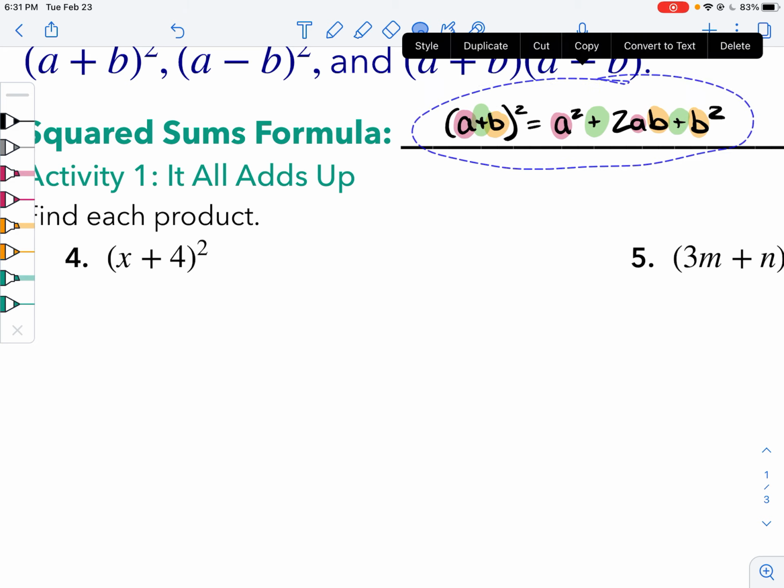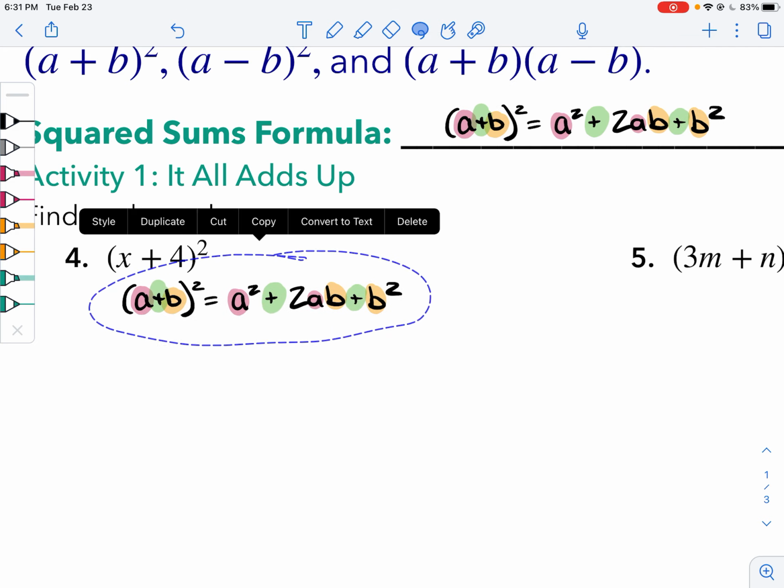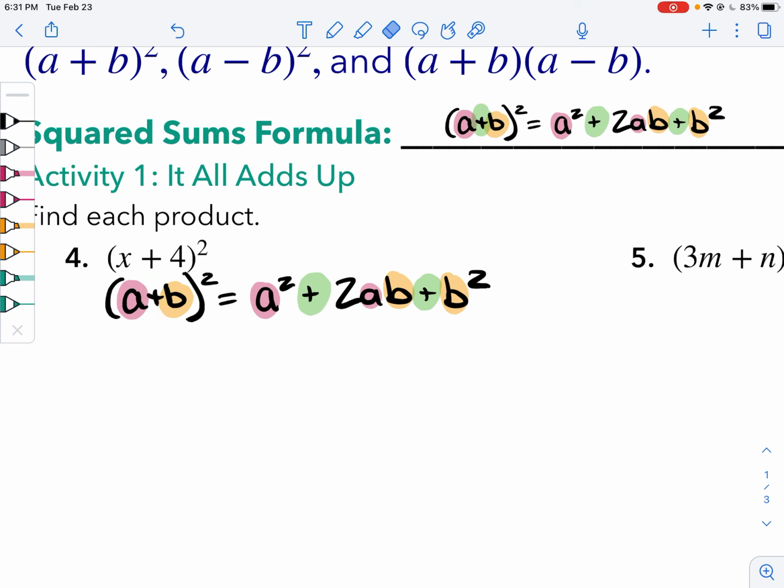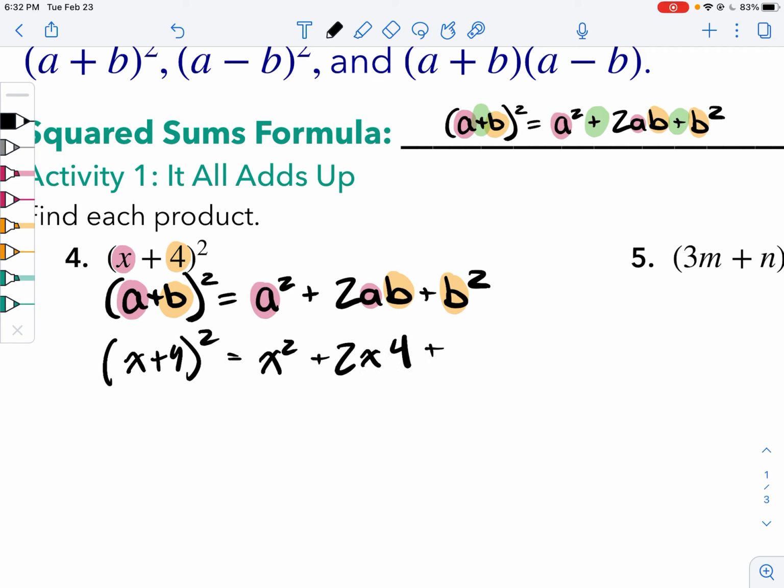So looking at this guy, do we have something of the shape a plus b squared? We do. Here our a is x, our b is 4. So we're going to plug those in. That gives us x plus 4 squared equals x squared plus 2 times x times 4 plus 4 squared.